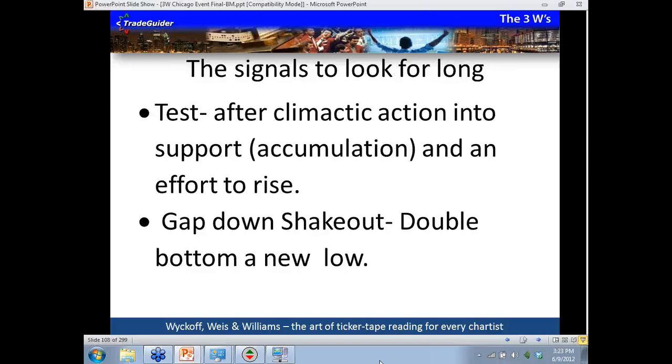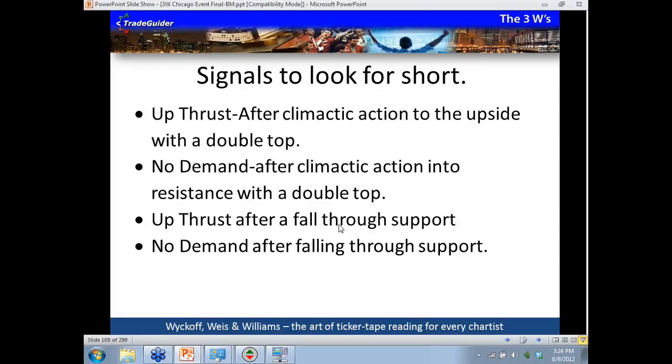So when you see that, you can actually develop trades around those solid principles. But that's something we can talk about on a side note. So it's a gap down shakeout on a double bottom or a new low. I'm going to show you some examples as we go along here. Signals to look for short: upthrust after climactic action into the upside with a double top.